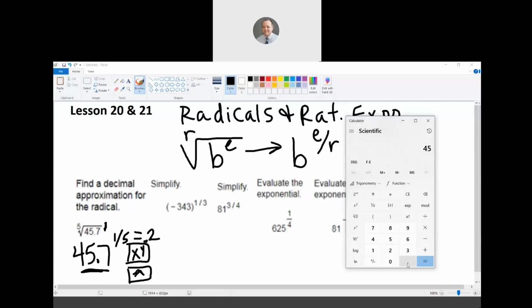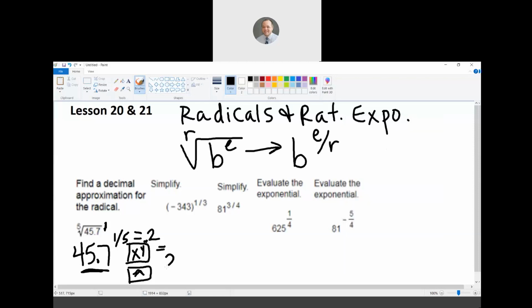So I'm doing 45.7 and then my exponent key and then my exponent 0.2. And let's say we wanted to round our final answer to the hundredths place or out to 2 decimal points. So this would be approximately 2.15.